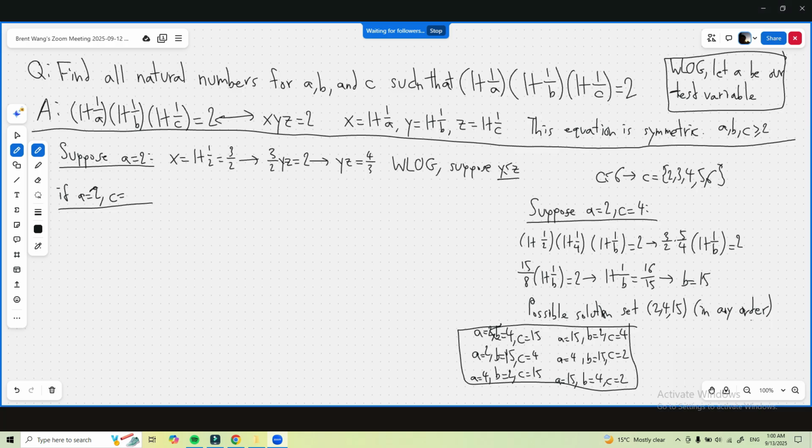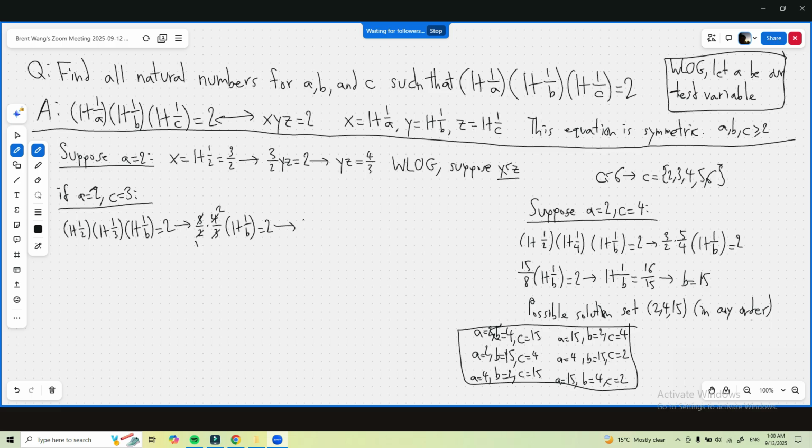Moving down, if A equals 2 and C were to equal 3, let's just plug that in. (1 plus 1 over 2)(1 plus 1 over 3)(1 plus 1 over B) is equal to 2. Then you'd have 3 over 2 times 4 over 3, and the 3s cancel out, so that's 2.